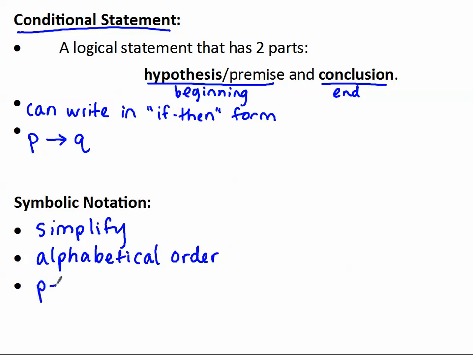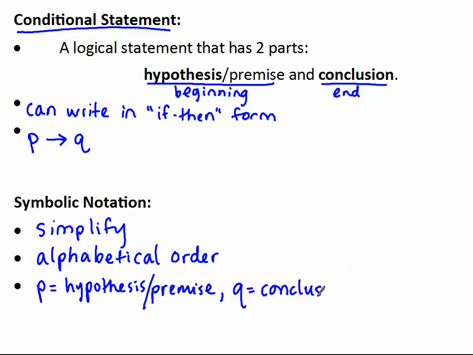And usually the letters that come first are going to stand for the hypothesis or the premise, the Q for the conclusion, or what letter comes after what we've chosen in the alphabet, and the arrow is for direction, the direction of the flow.